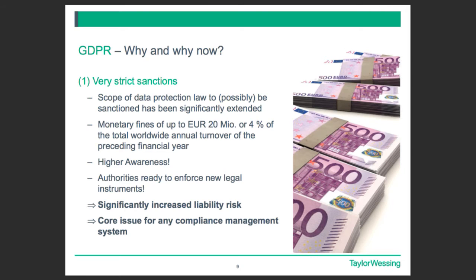So coming back to why data protection, why now, and why GDPR, I already talked about that: high awareness of the data protection authorities. You need to imagine data protection authorities in terms of size.